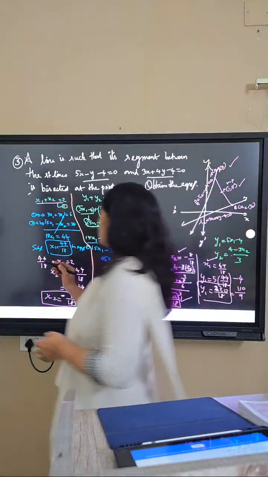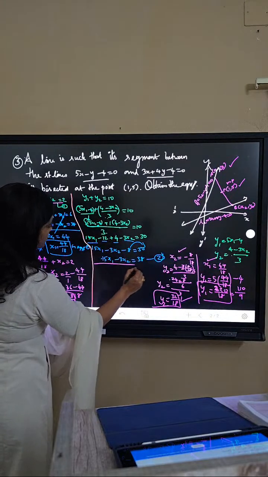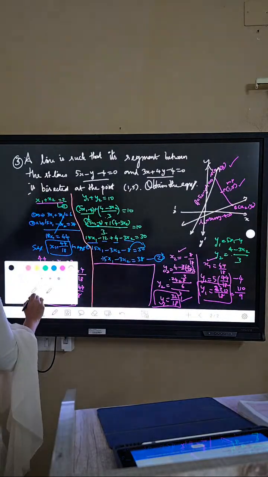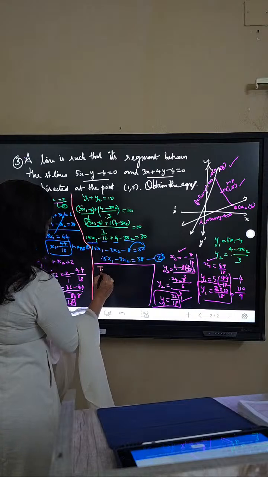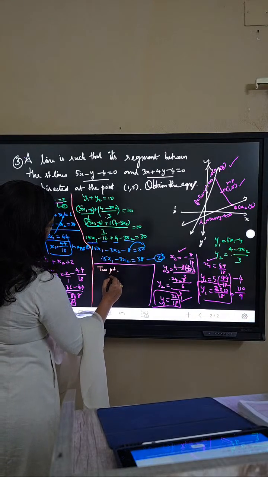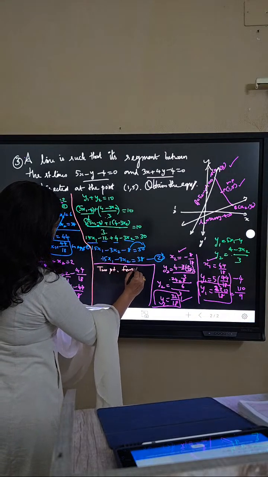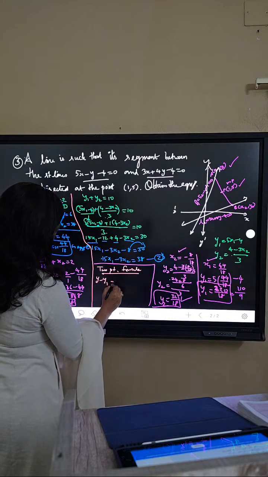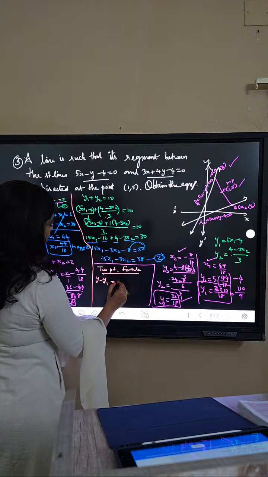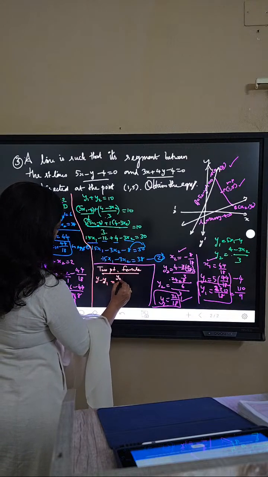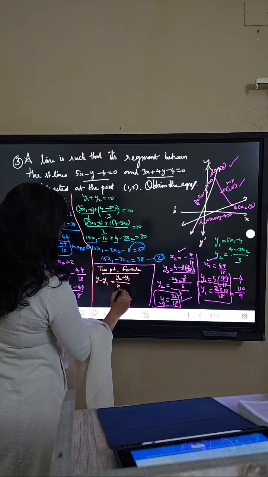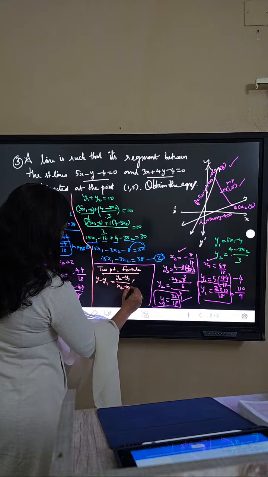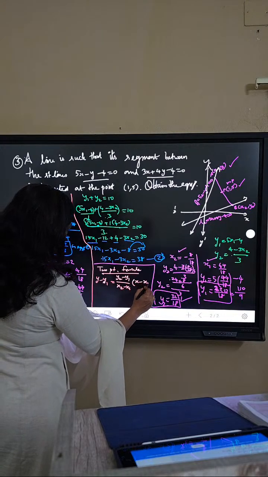So this is the 2-point formula. You have to take it. What is the 2-point formula for the equation of a straight line? y minus y1 is equal to m. In place of m, you can write (y2 minus y1) by (x2 minus x1) into (x minus x1).